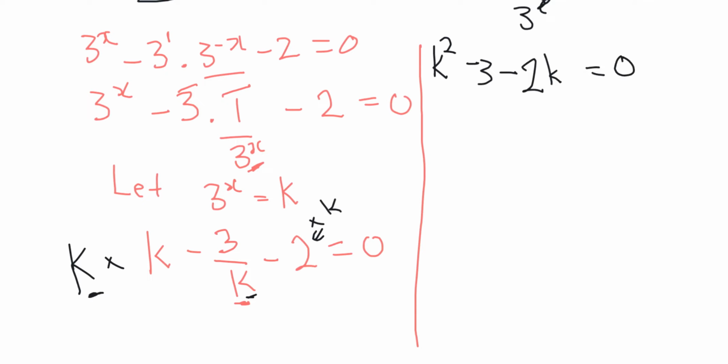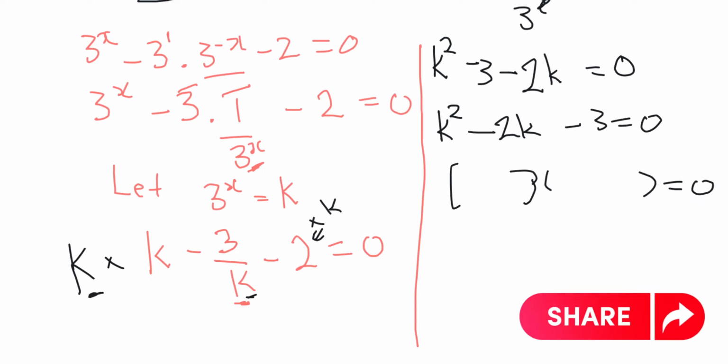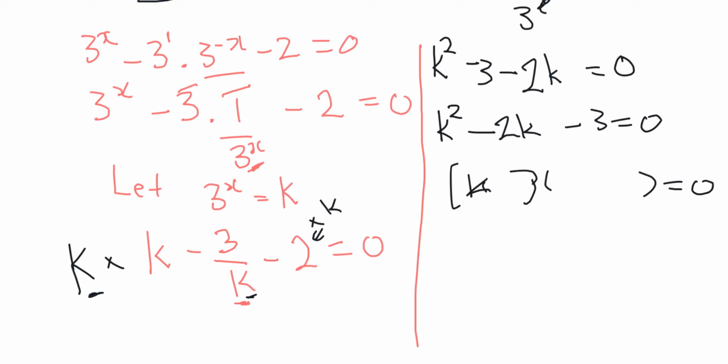So that's what is going to happen. And now you can rearrange this. This is going to be the same as k squared subtract 2k subtract 3 is equal to 0. Then you open up two brackets, right? So the first one, you write your k. The other one, you write your k. Now, what are factors of 3?